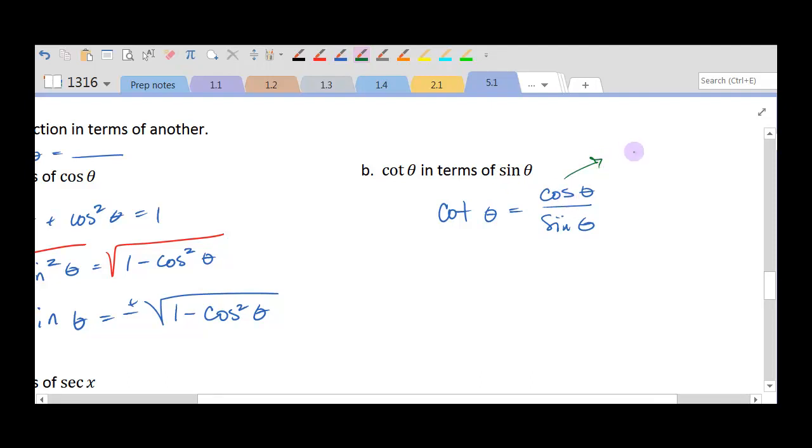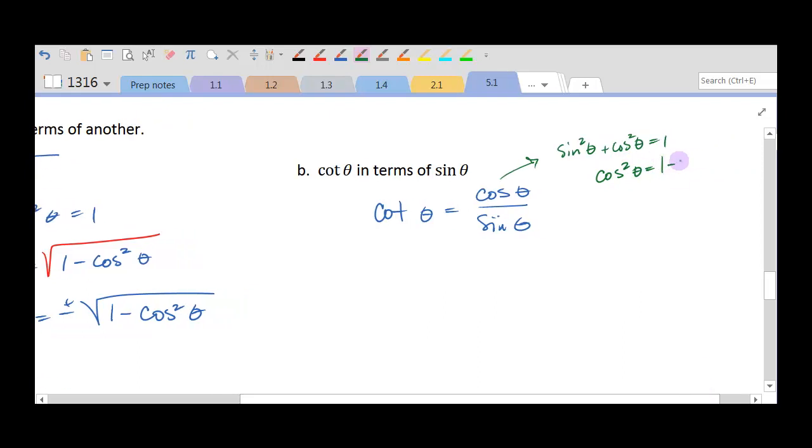So this is where we think Pythagorean identity again. So the Pythagorean identity says sine squared plus cosine squared is equal to 1, and I want to rewrite it so that sine is going to show up here in the numerator. So I say cosine squared theta is 1 minus sine squared theta, or in other words, cosine is going to be plus or minus the square root of 1 minus sine squared theta.